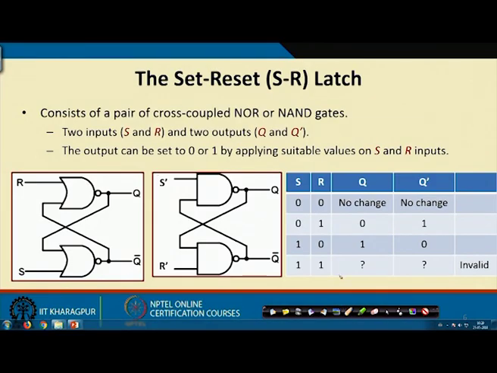But for a sequential circuit, such a table we refer to as a state table, because it also captures the state of the system, not only the input output behavior. So, this table that we are showing here actually is a state table.